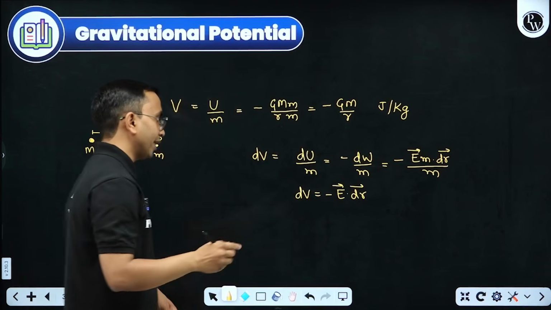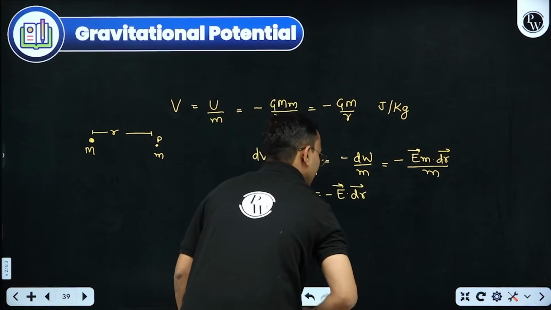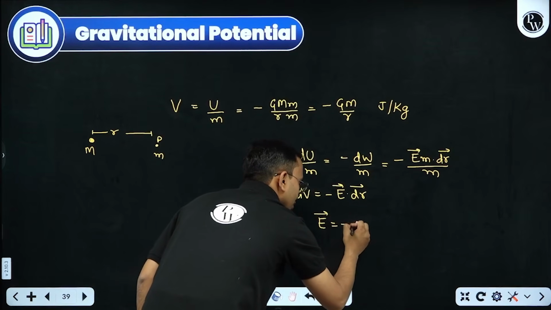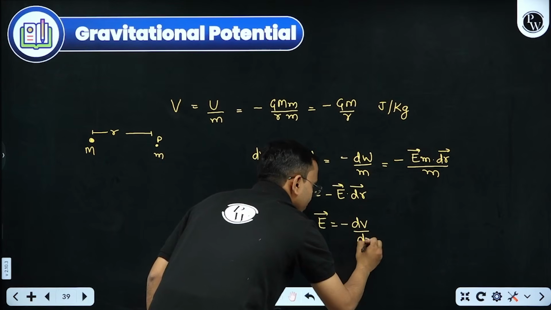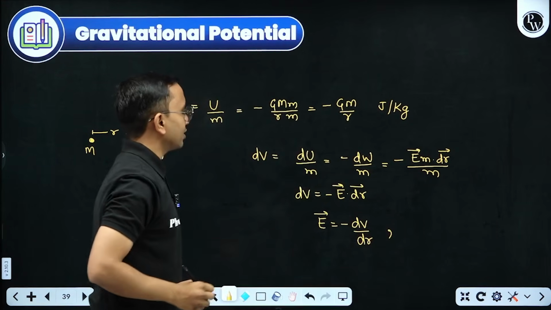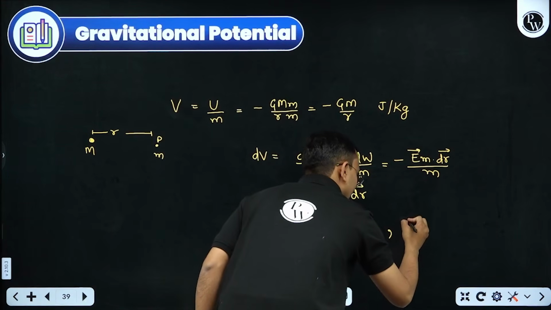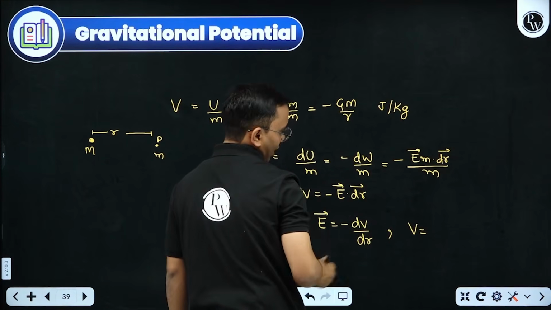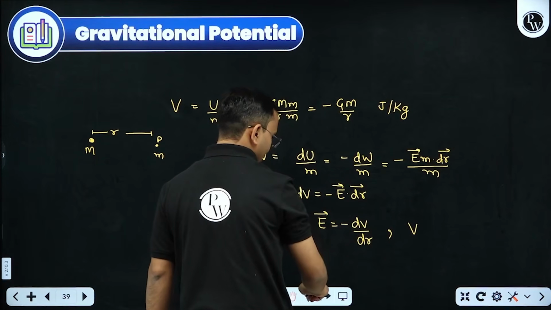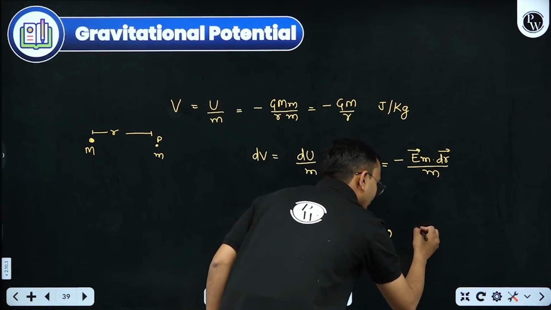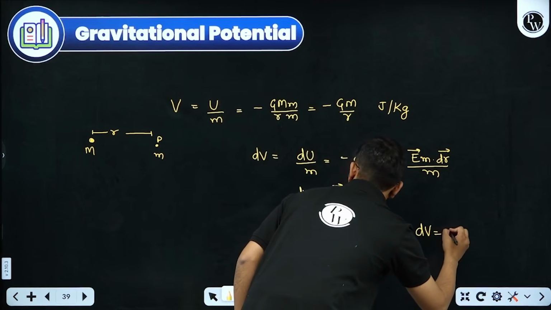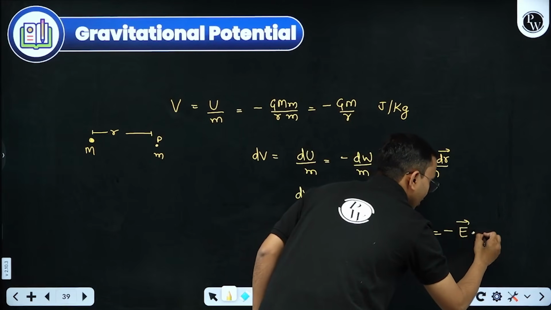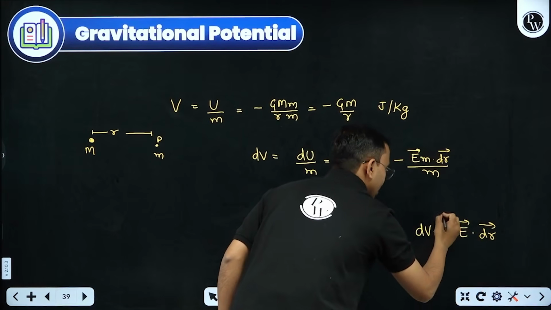So if you write E in terms of V, you can say E is equal to minus dV by dr. Or you can say dV is equal to minus of E dot dr and integrate it on both sides.